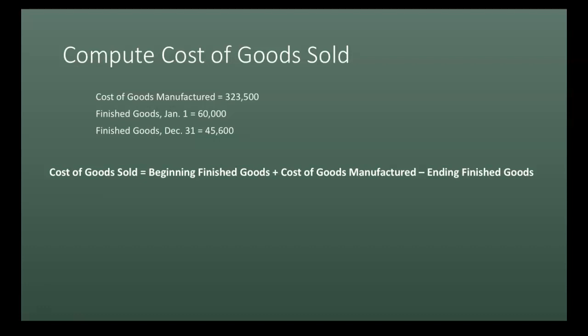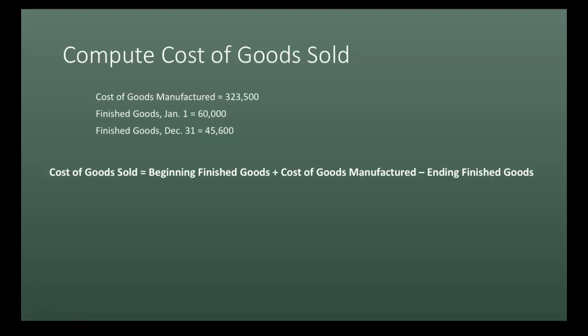Now there's different wording here compared to how you figured out cost of goods sold back in financial accounting, but the idea is still there. We're taking beginning inventory plus everything that we manufactured compared to everything that we purchased when we were still in financial accounting. And then we subtract out our ending inventory.